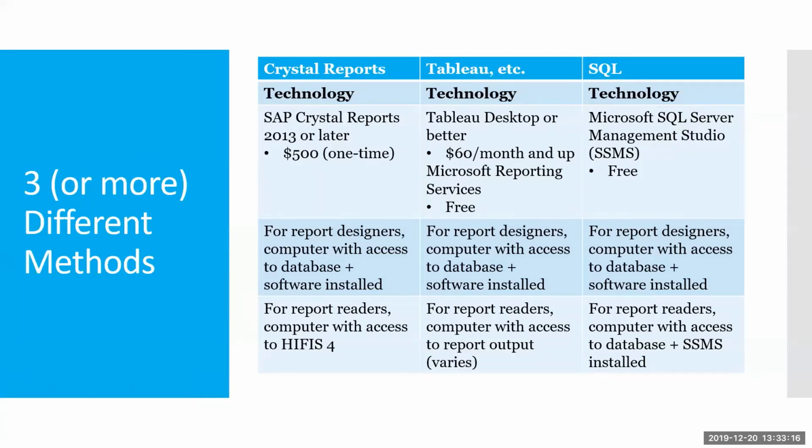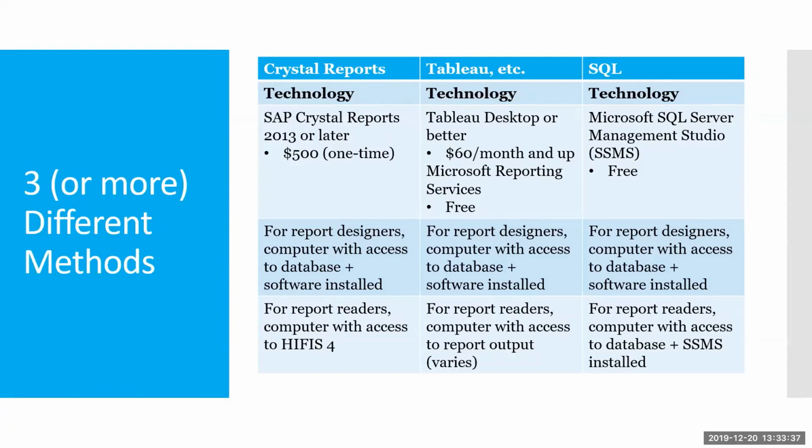So on the left-hand side, Crystal Reports, all people need is a computer with access to HIFIS 4. So anyone who can log into HIFIS. In the middle one, they'll need the ability to access the report output, which varies depending on the software. So for example, Tableau, you might host it on an online portal and then anyone could access it.